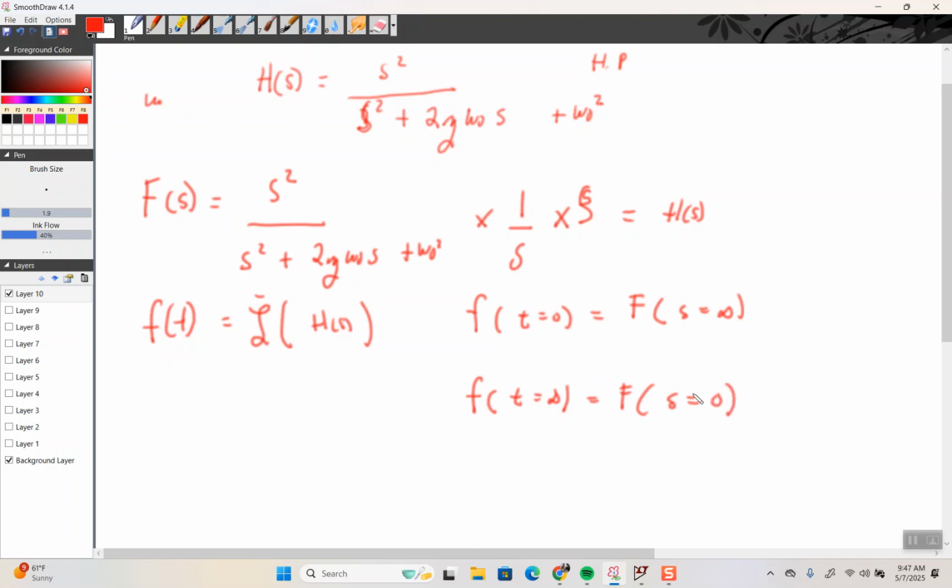S equals to 0. Well, when s is 0, right, that's 0, that's 0, and then you have 0 squared divided by a finite number, it's 0. So f at s equals 0 is 0. At high frequencies, the s squared term dominates everything else, and we get s squared divided by s squared, so it's 1.